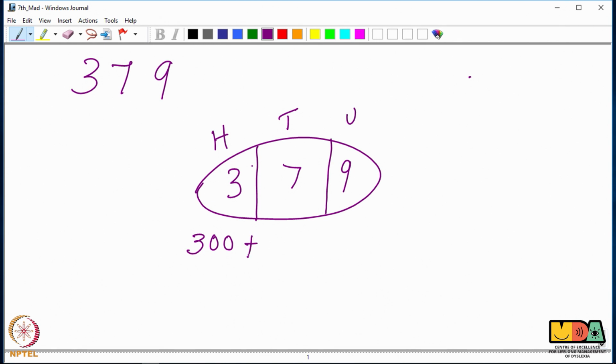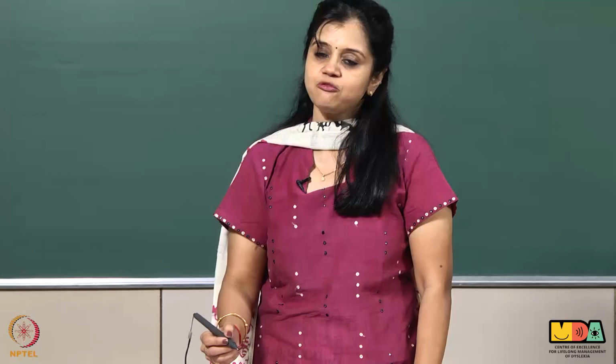What is the number that they see after that? 7. How many sections after that? 1. So, how many zeros should they add? 1 zero. And where are they? Near the vertical line. So, what is the sign that they have to put? Plus. What is the number that you see there? 9. So, make them bring it down. So, expanded form becomes very, very easy.